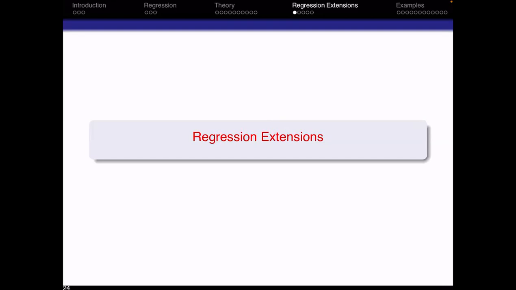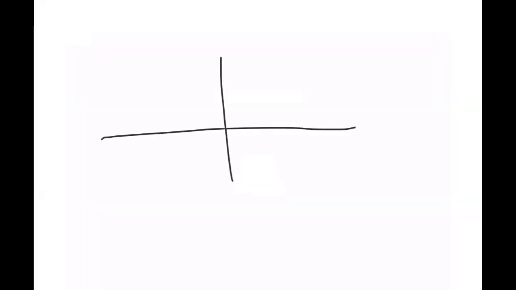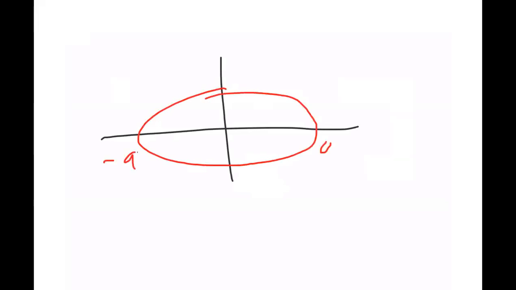And so let me see if I can toggle back for a second. So if I give you something like this, here's minus a, here's b, minus b and b. Can somebody give me the equation of the ellipse?